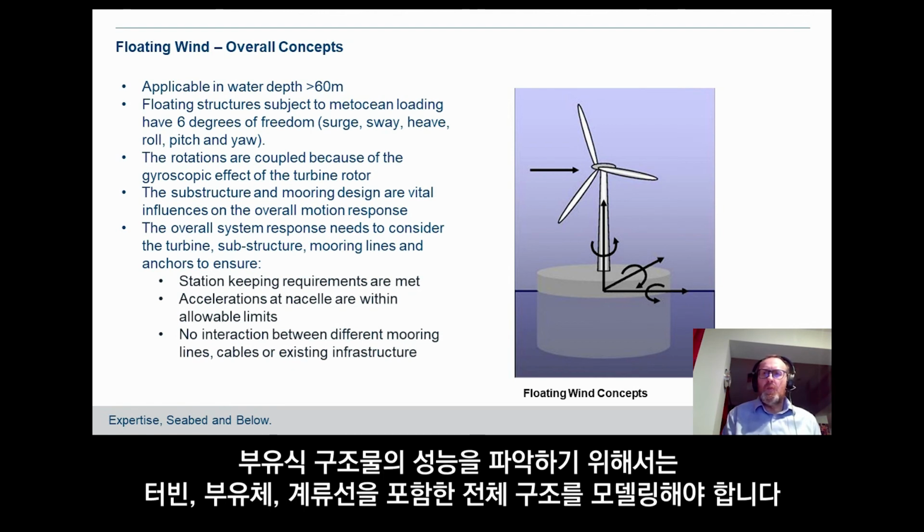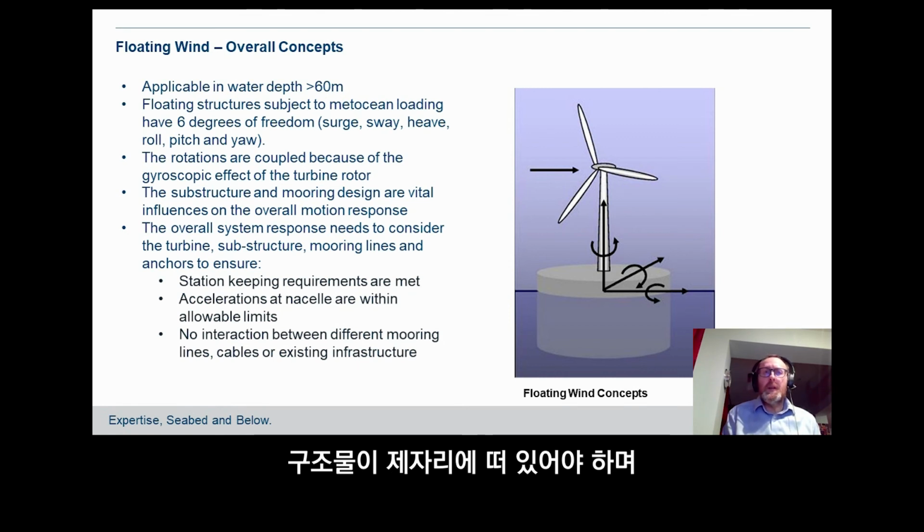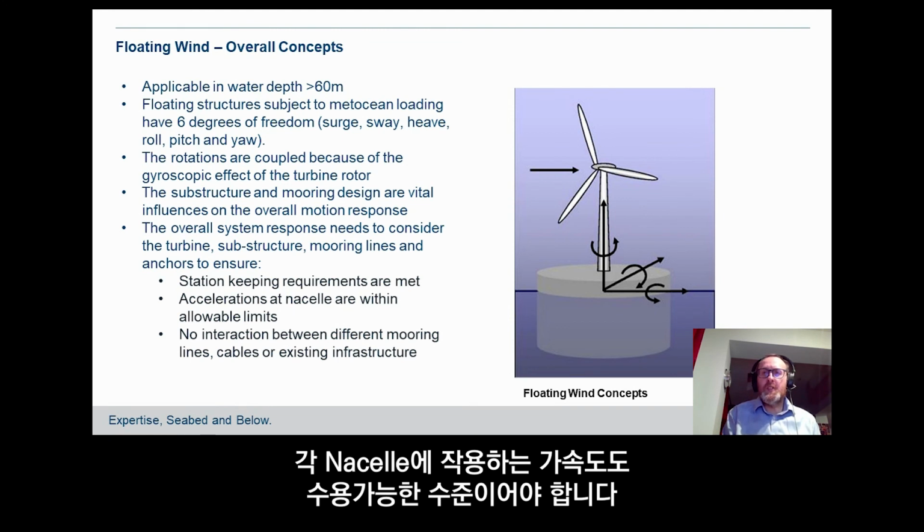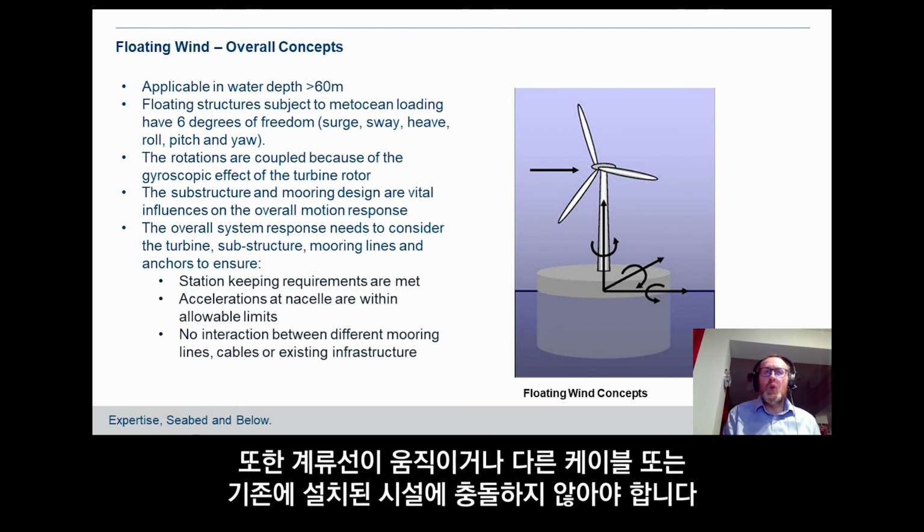And when you look at these structures, you have to model the whole structure, turbine, floating raft, and then also the mooring lines in order to get an idea of how it performs and make sure that it keeps station, that the accelerations at the nacelle level will be within acceptable levels, and that the mooring lines won't move around and clash with other cables or other existing infrastructure.